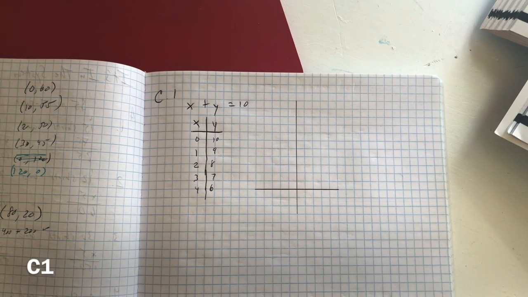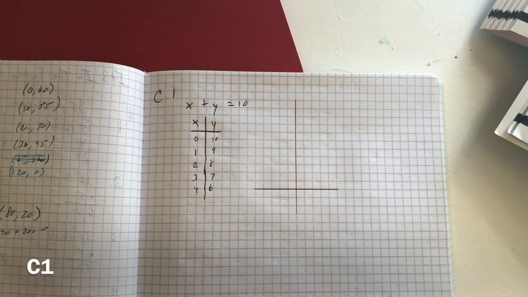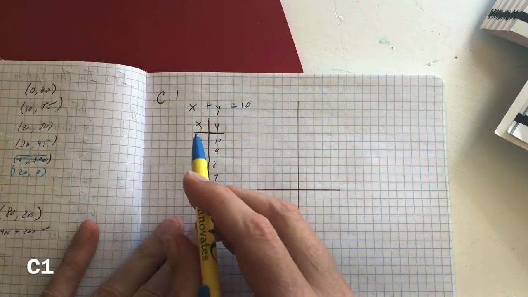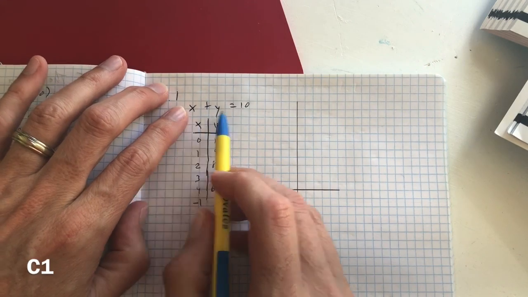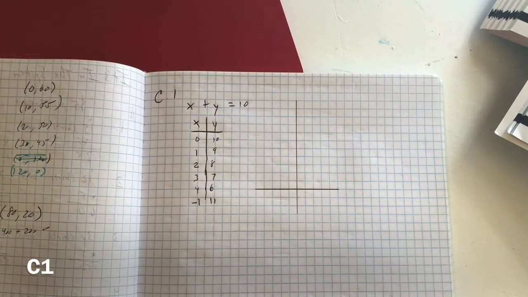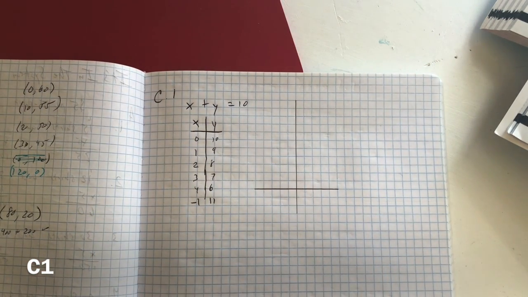I just realized I didn't follow those directions completely. I didn't put any negative values in there. So what if I did that? What if I put a -1 here for x? That would mean this would need to be a positive 11. So let's plot those ordered pairs here.